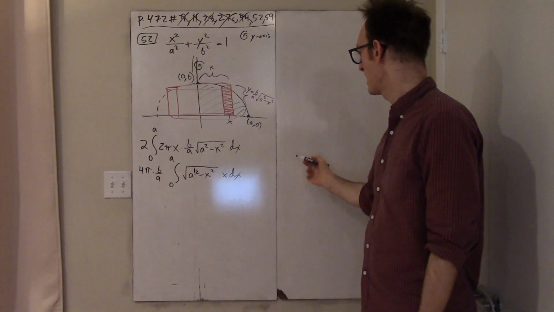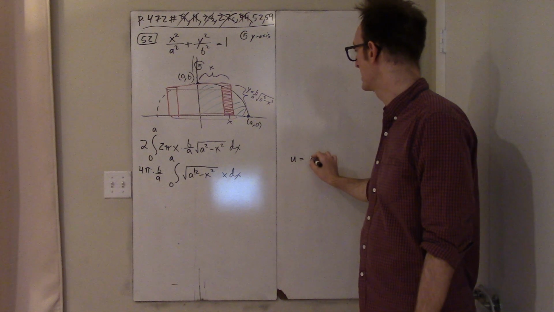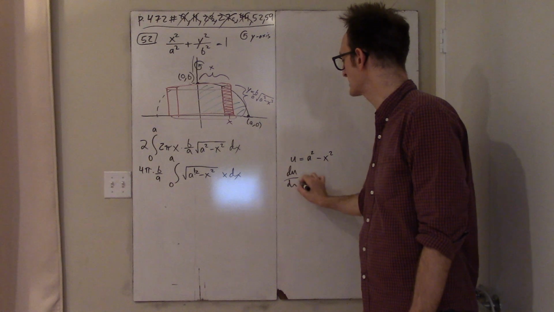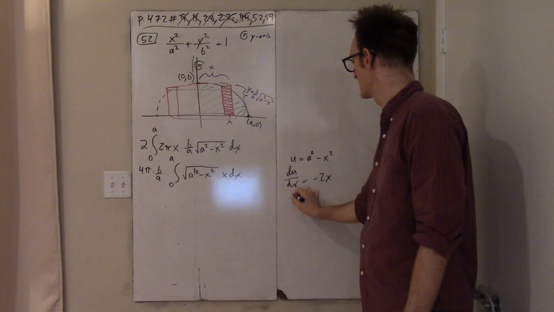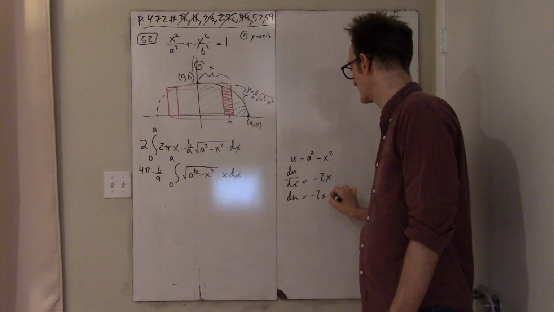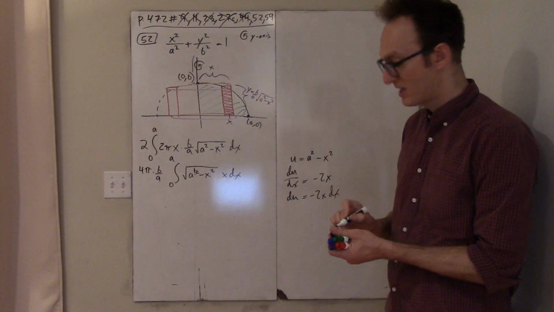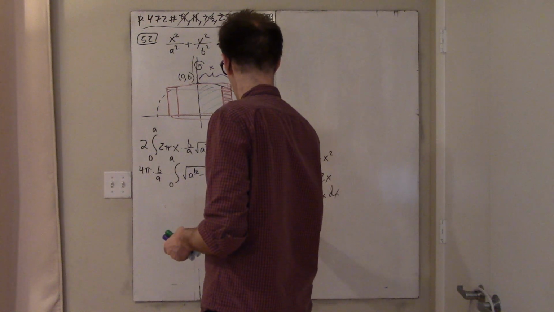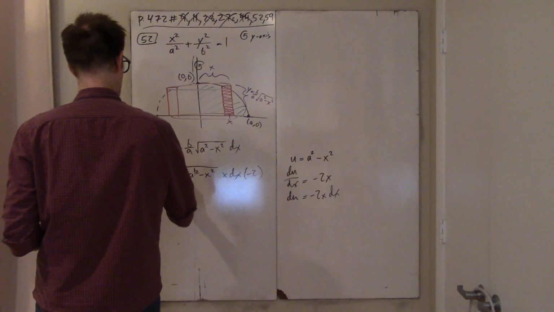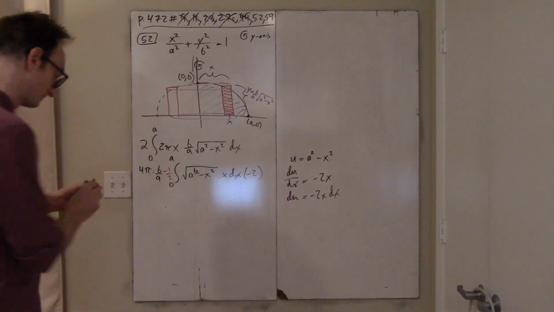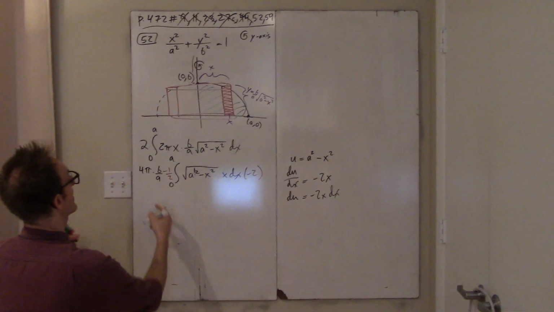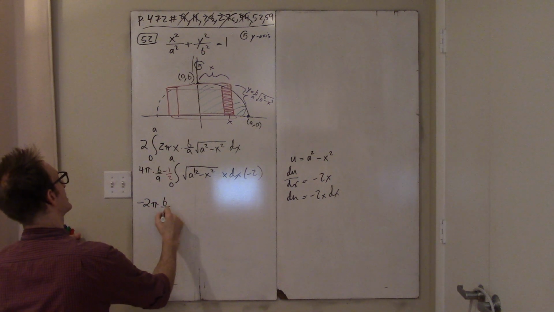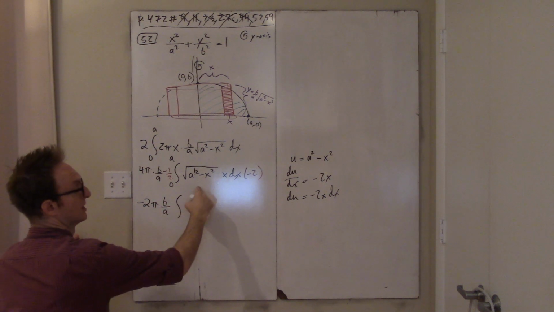So right here, I'm going to say, okay, let u be a squared minus x squared, and then du dx is then negative 2x, so du is negative 2x dx. And if that's the case, then I need to stick in a negative 2, undo the damage with a negative 1/2, and what do I get here? I get negative 2 pi b over a integral.